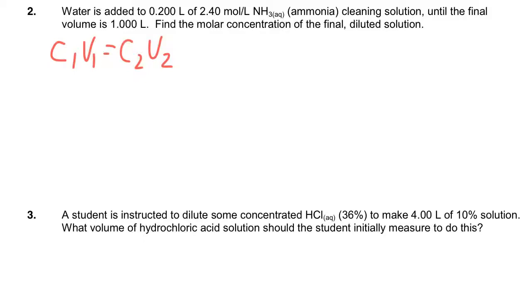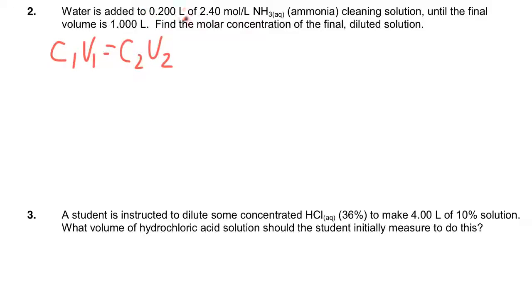C1V1 equals C2V2. And now I just have to plug in my numbers. Remember, what I've labeled with the subscript 1, that's my standard solution that I'm starting with. And subscript 2, that's the solution that I'm ending with, my diluted one. So what do I have?